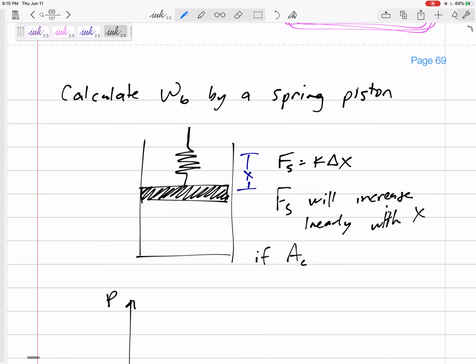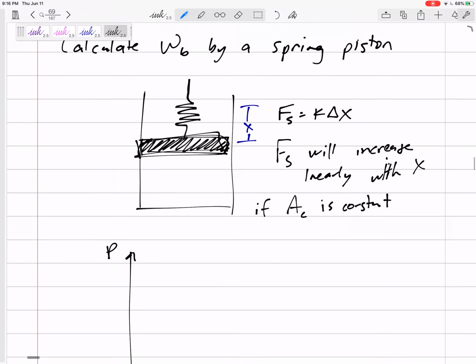If the cross-sectional area is constant, which is a good assumption, because if it wasn't constant, then this top would not fit snugly in this piston cylinder device.